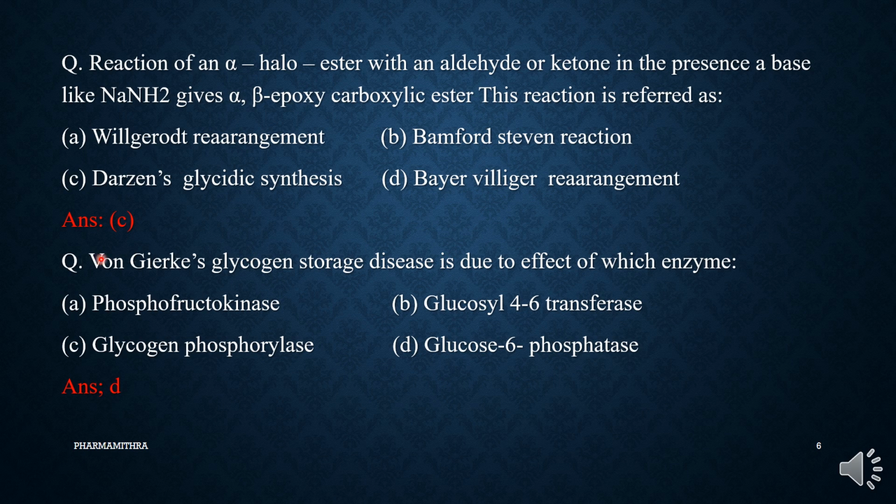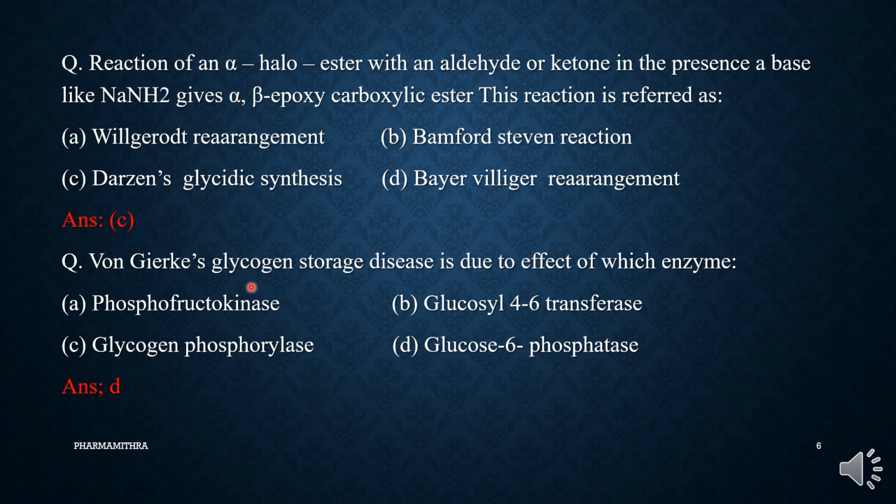Next, again from the biochemistry part. Next question, von Gierke's glycogen storage disease is due to a defect in which enzyme? Von Gierke's disease is a condition in which our body cannot break down glycogen. This disease is also called type 1 glycogen storage disease, GSD1. The symptoms are heat intolerance, bruising, low blood sugar level, enlarged liver, and swollen body.